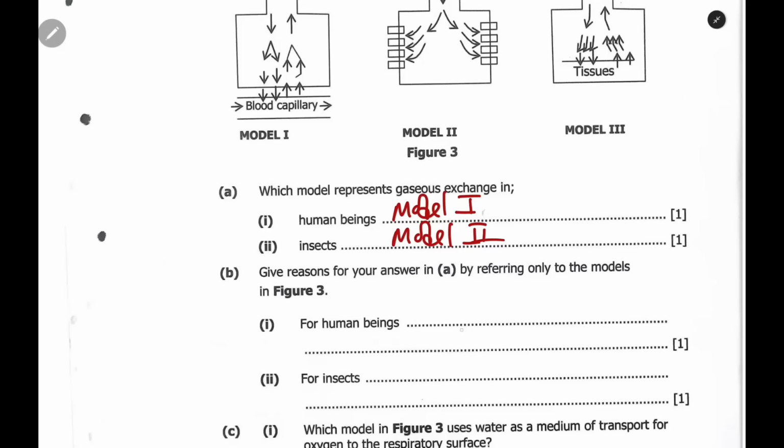So what is the reason why model 1 is for humans? Because of the capillary. You know that the gaseous exchange surface in humans are alveoli, and you find that they are in close contact with blood capillaries.